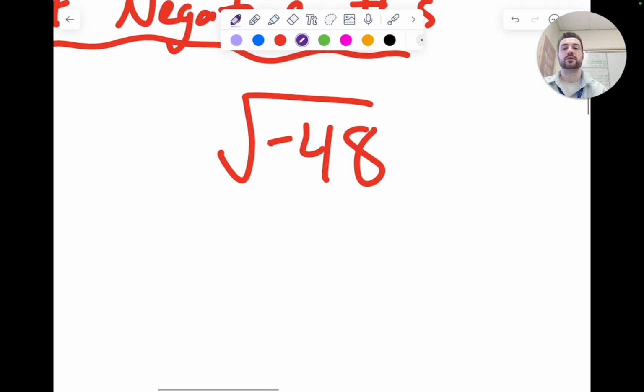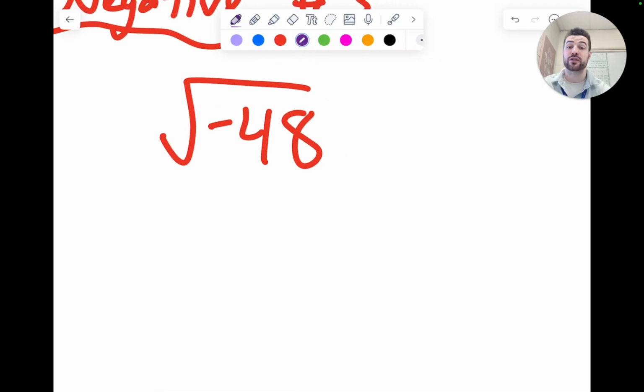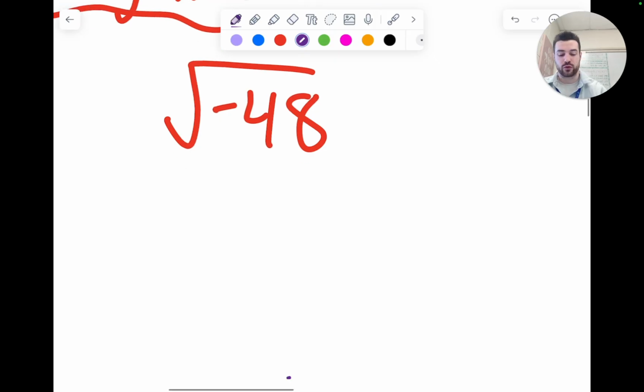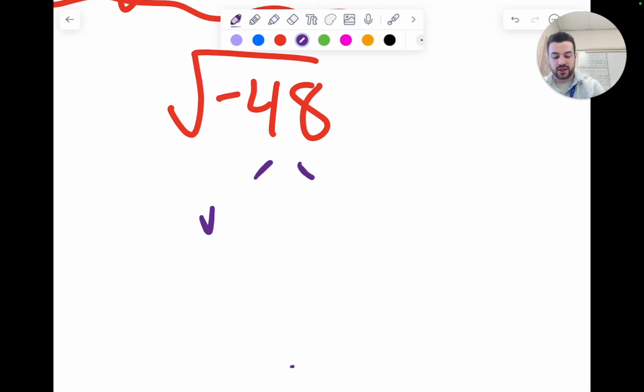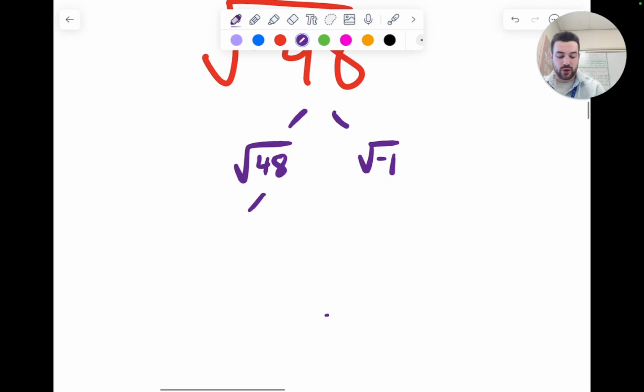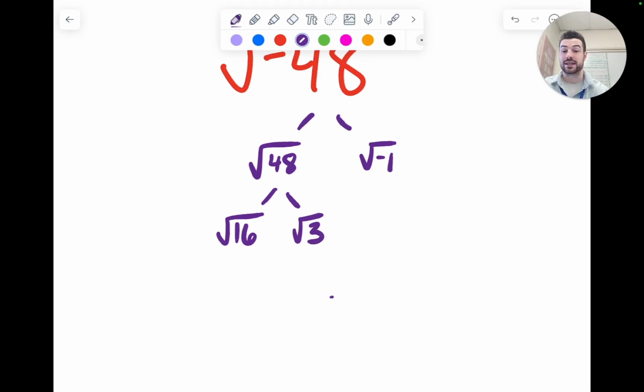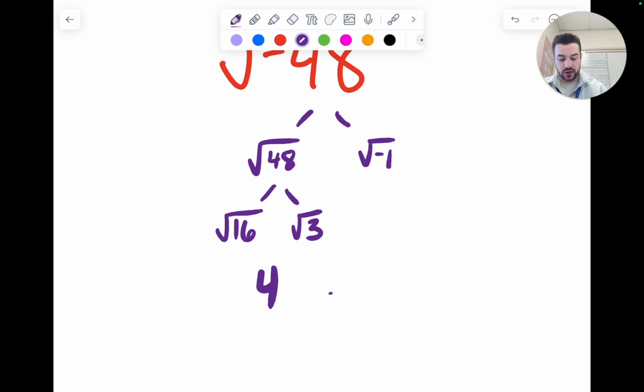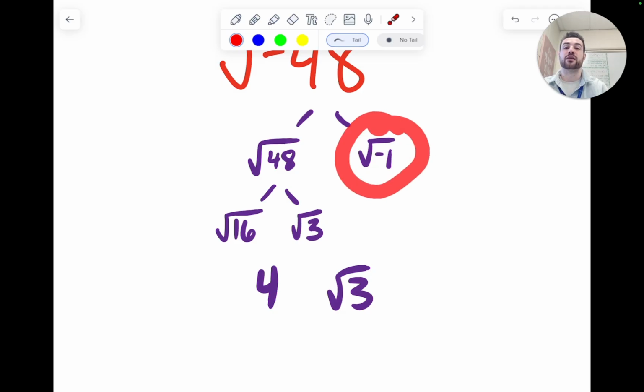We can do something similar with a value that's not a perfect square, like the square root of negative 48. We'll split this up into the square root of 48 and the square root of negative 1. Then we could break 48 up into the square root of 16 times the square root of 3. Well, the square root of 16 is 4, and we have our root 3, but we also have our square root of negative 1.